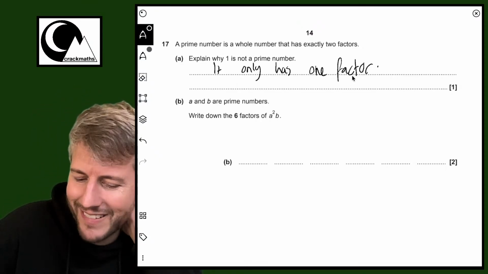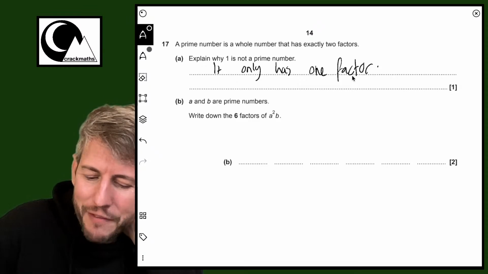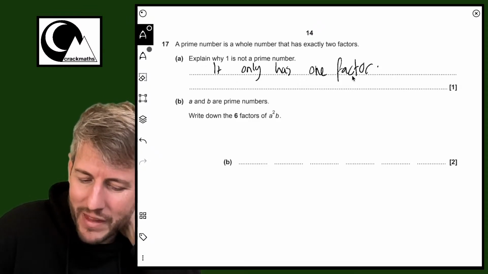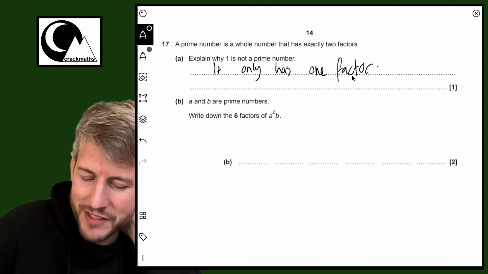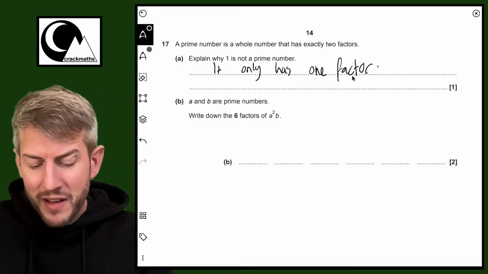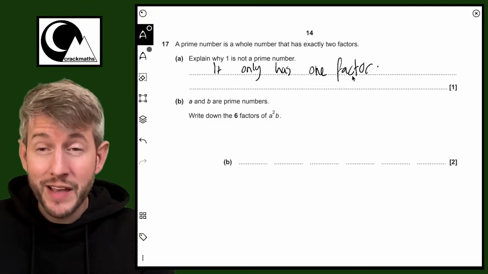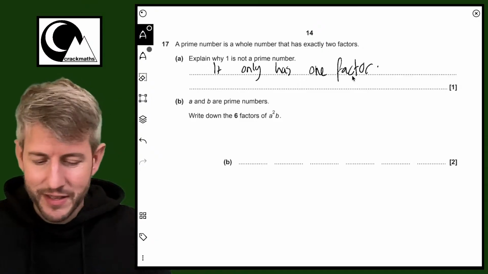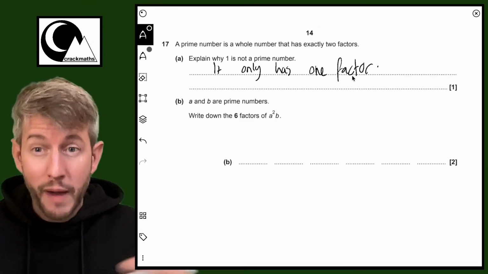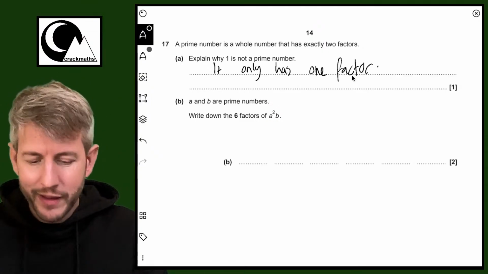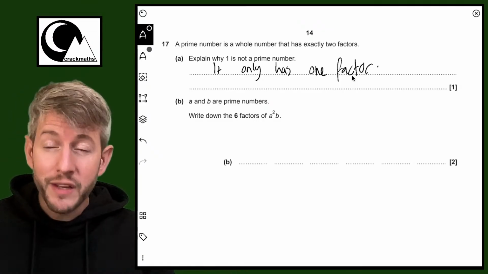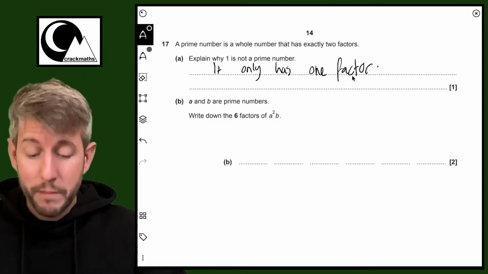Right, well, if a and b are prime factors, well, first of all, the number itself and 1 is always a factor. So a squared times b will be divisible by a squared times b.